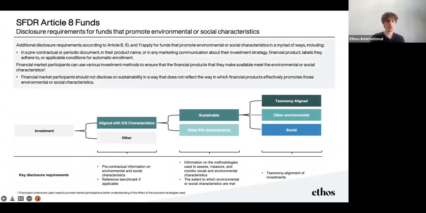So if we go a little bit deeper into Article 8 funds, these are the ones that have a promotion of environmental or social characteristics, but do not have sustainability as their investment objective.